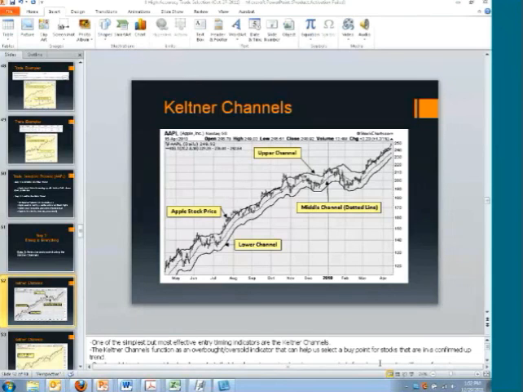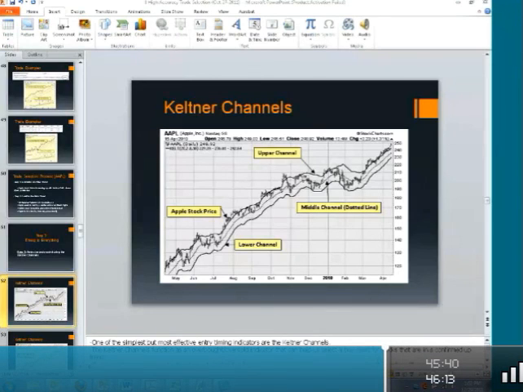So to answer your question, the stop loss is based on your entry price, and we'll simply exit if that price drops 10 to 15% below our entry price.